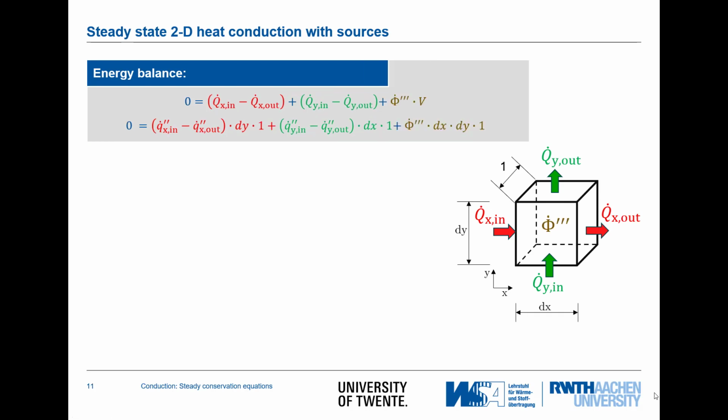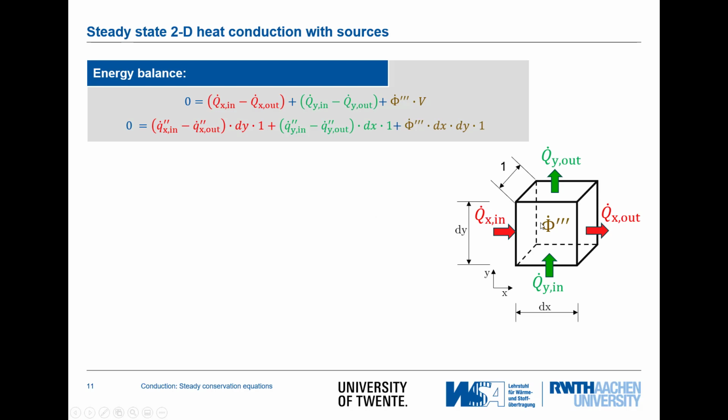Now let's finish this video with a steady state two-dimensional heat conduction problem with sources. The energy balance in this case looks very similar to what we have seen before. We have the fluxes over the surfaces, so the ingoing and outgoing heat flux in x direction, the ingoing and outgoing heat flux in y direction.